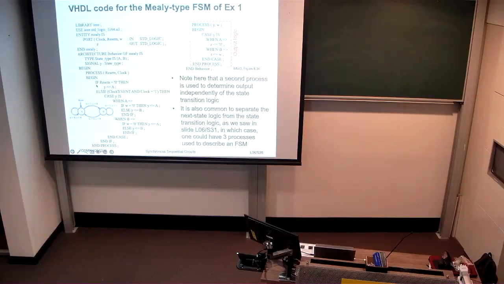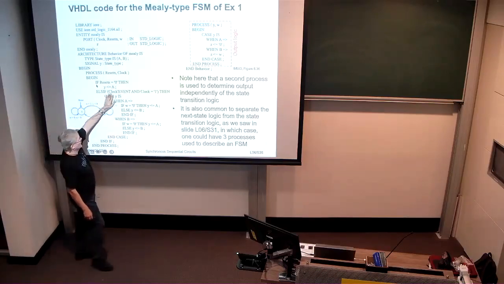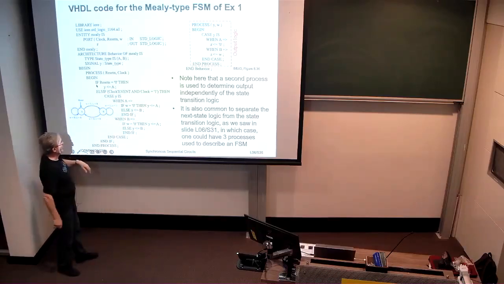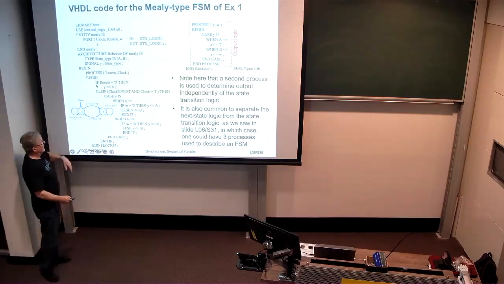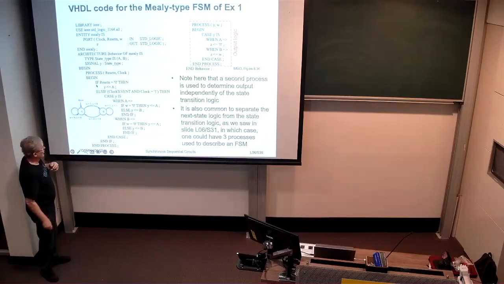Well, we've again got a combined process here that takes both the next state logic and the flip-flops in one go. So this is our synchronous process with an asynchronous reset, setting the machine into state A, given that the states are enumerated and we only have two of them, A and B, and we only have one state variable, Y.